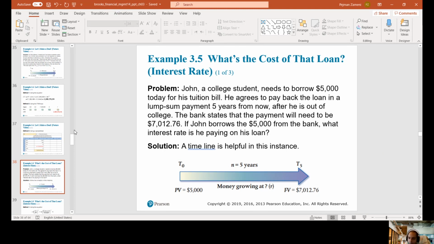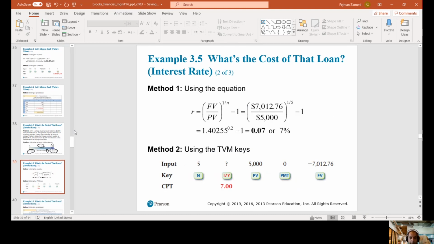See, this is the amount he's going to borrow. This is the amount he needs to pay after 5 years. And we need to know how much interest the bank is actually charging him. Okay. We have all the ingredients.